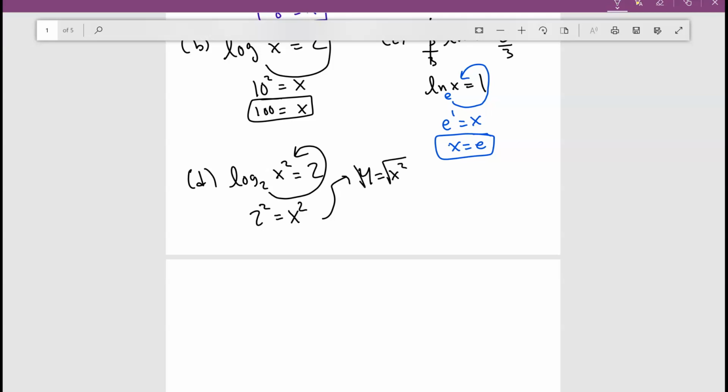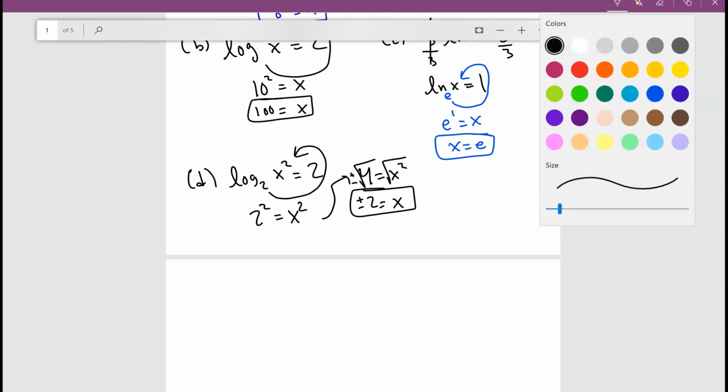Take the square root of both sides, but when we take the square root, you also want to add plus or minus. So x equals plus or minus 2. Now let's check, because with a negative one we have to be careful that there are only positive values. I plug in 2: 2 squared gives me a positive 4. Plug in negative 2: negative 2 squared also gives me a positive 4. So that one checks out.